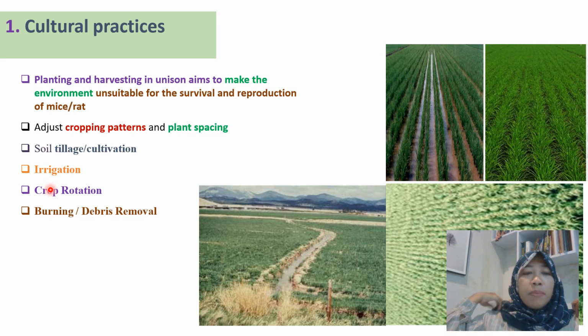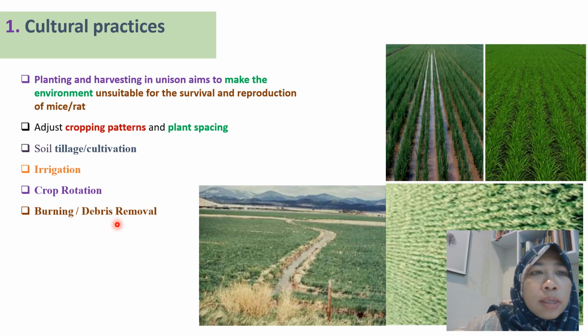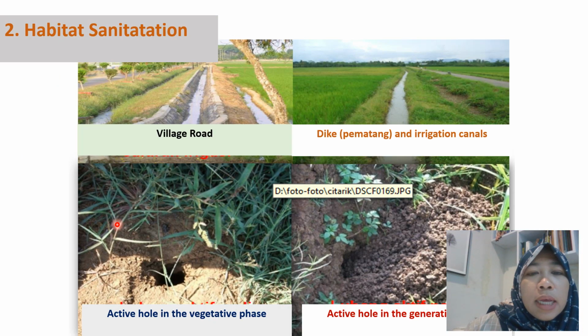We have to change our crop to another crop. Then burning or debris removal. Some of the pests and diseases use weeds as an alternative host. And then habitat sanitation.